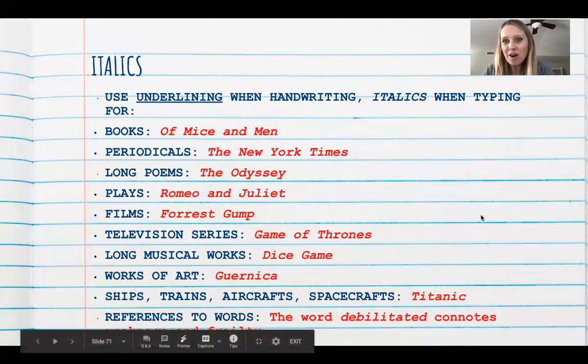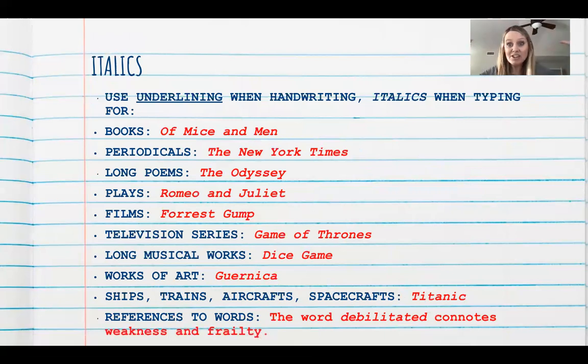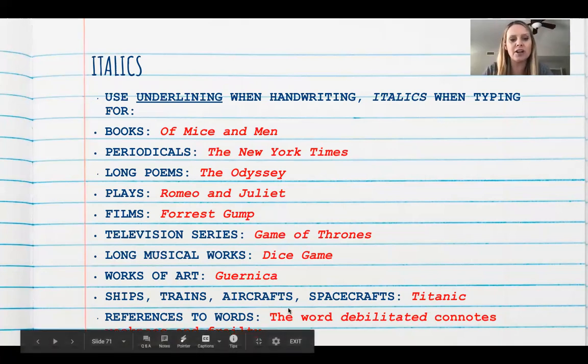Speeding up even more, we have italics. Remember to use italics for major works, and you use quotation marks for minor works. So when we're talking about major works, those are books, periodicals, long poems like epic poems, plays, films, television series, long musical works, works of art, and planes, trains, and automobiles, okay?